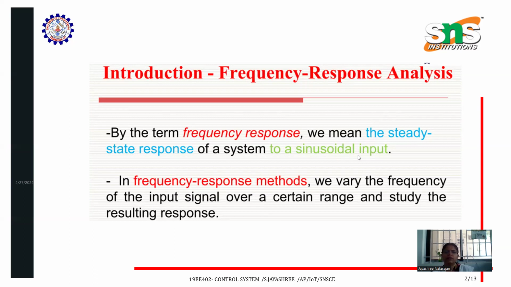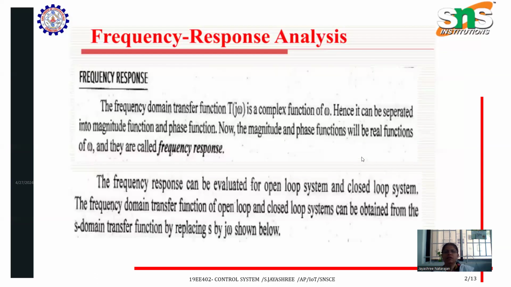In the frequency response method, we vary the frequency of the input signal over a certain range and study the resulting response. The output we call a response, the input we call a signal. Then the frequency domain transfer function T of j omega is a complex function of omega.